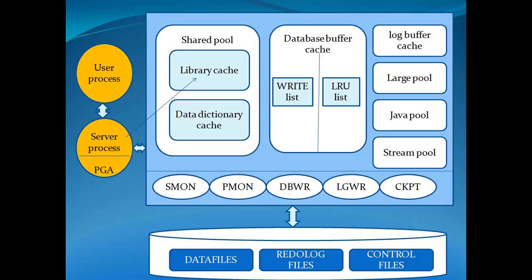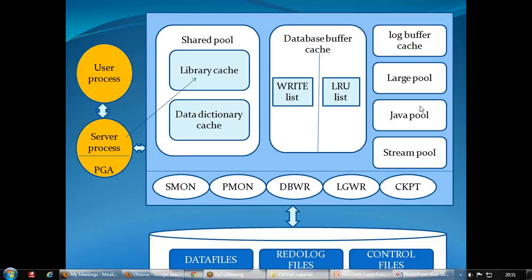And once the parsing phase has been done, before going for execution, there will be a new component in place. That component we are going to call the optimizer, and this component resides in the library cache itself.